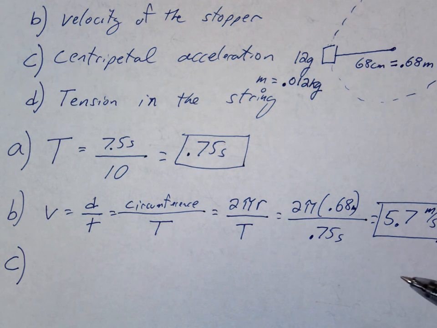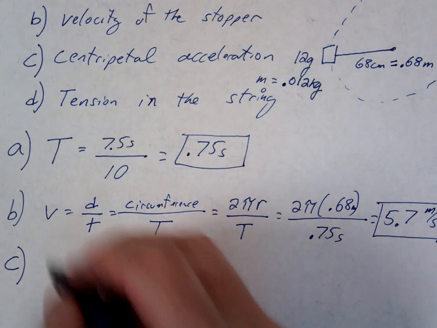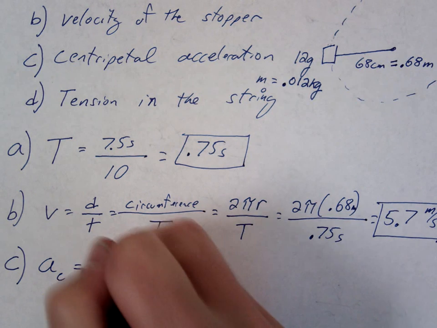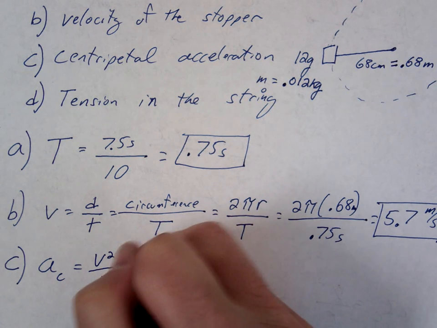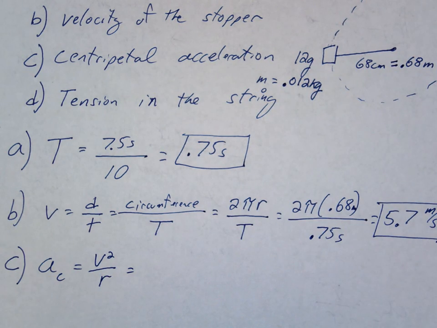So how are we going to find the centripetal acceleration? We'll just use the equation v squared over r.